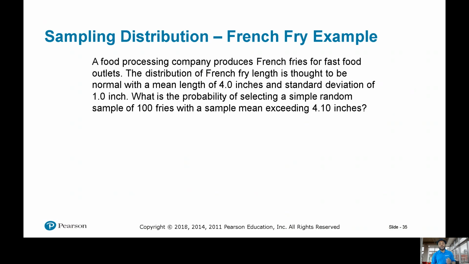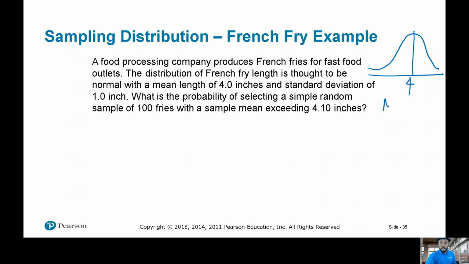A food processing company produces French fries for fast food outlets. The distribution of French fry length is thought to be normal with a mean of 4.0 and a standard deviation of 1.